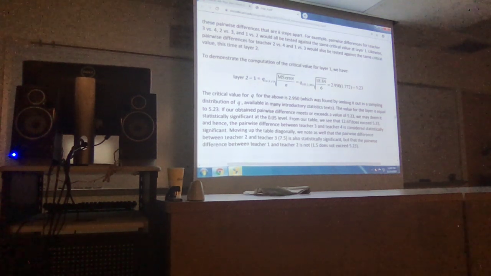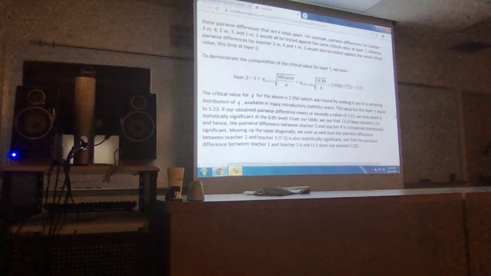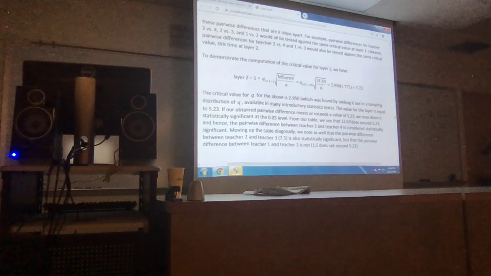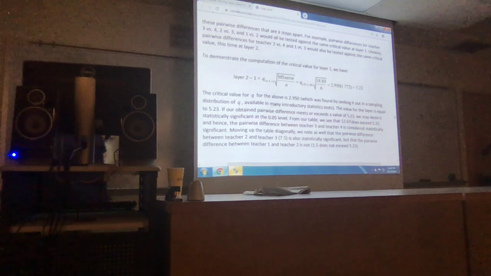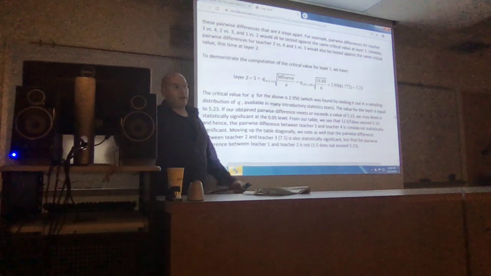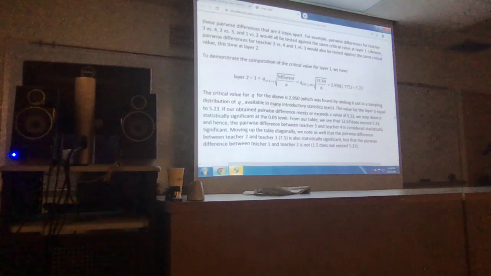Yes? Is there a specific name for this Q? Is it called a Q statistic, like a T or a Z? Yeah, it's just called a Q, and it has its own sampling distribution. It's used in other places as well, but for our purposes, we just needed it to get into the test, right? There are some statistics that don't have the meaning of a T or a Z as we typically use it.